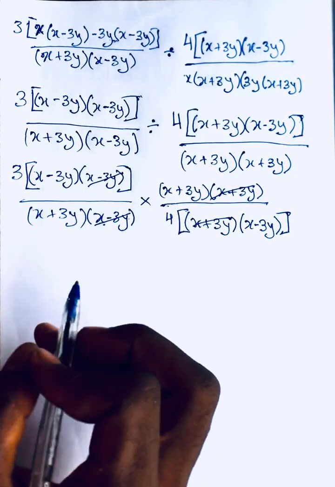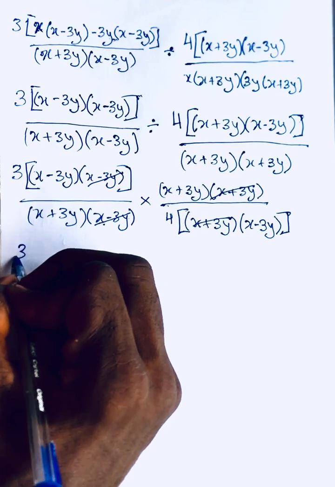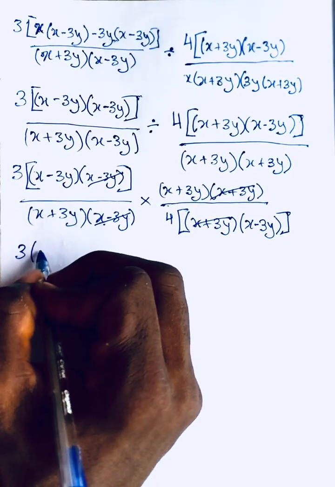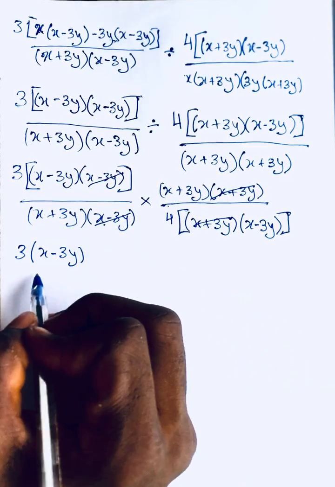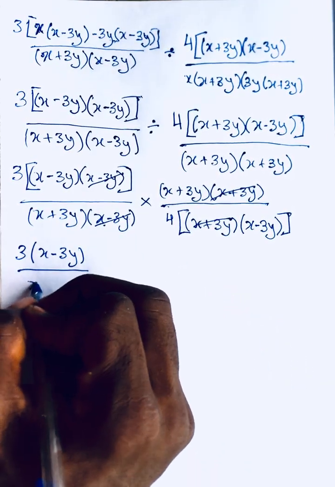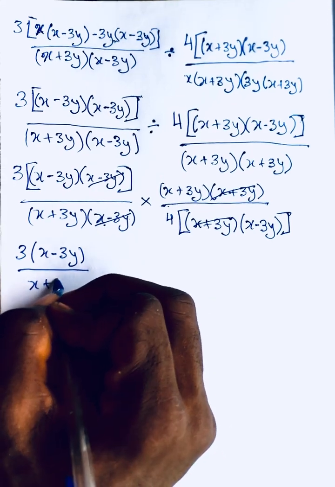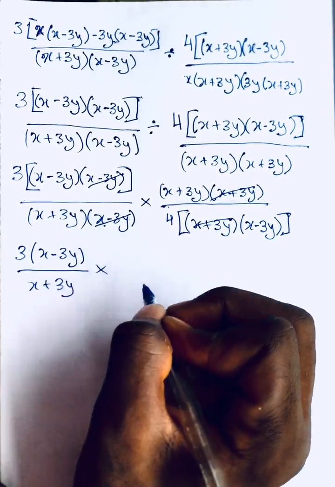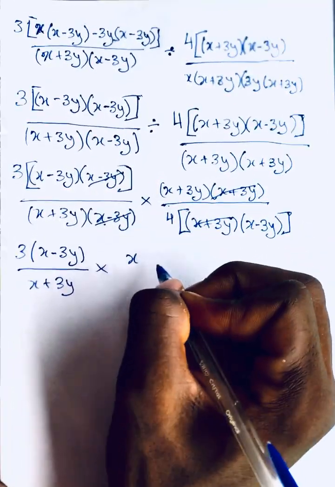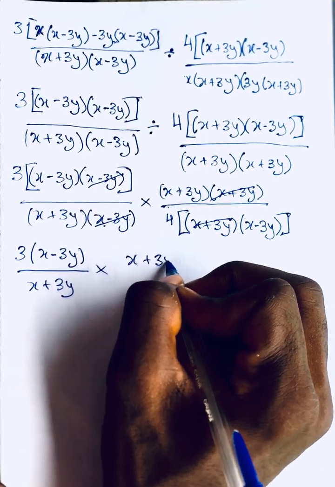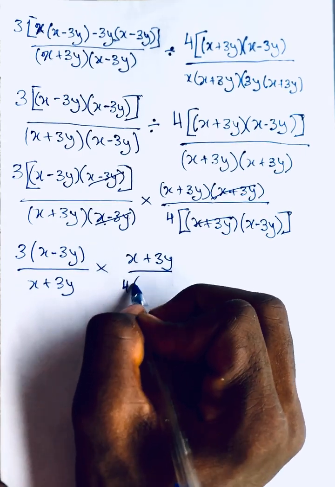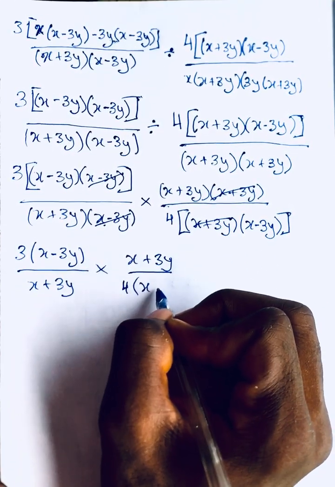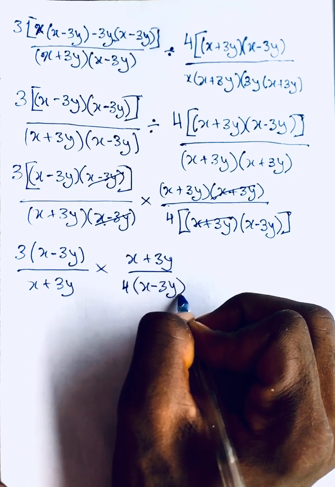So we have what? 3 into bracket x minus what? 3y all over x plus 3y times, here we have x plus 3y all over 4 into bracket x minus 3y.